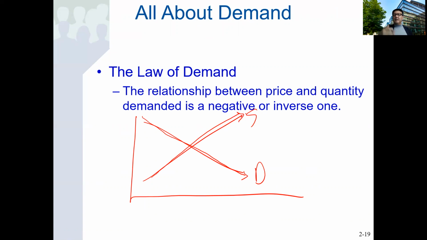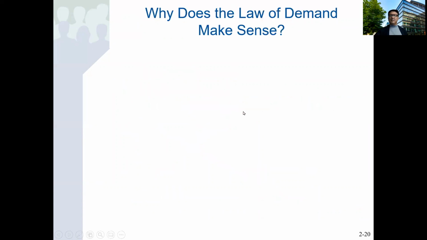As the price of supply goes up, the quantity increases, whereas with demand, the quantity goes up as the price decreases. So that's what the inverse relationship is all about.